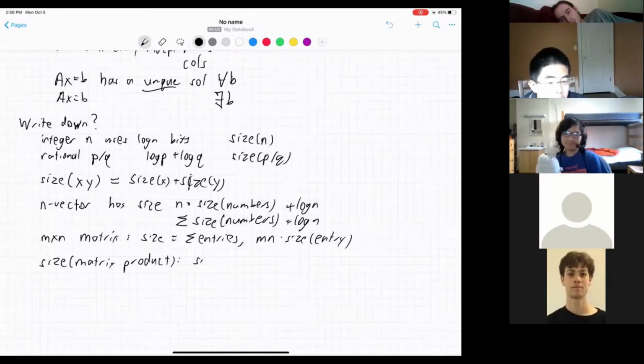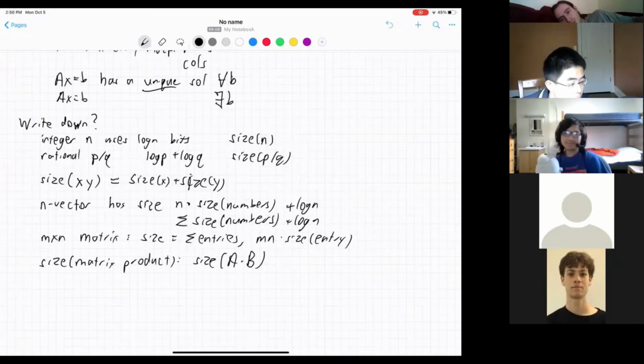What's the size of A times B, where A and B are matrices? Well, I won't dwell on it, but in much the same way, you can argue that the size of a matrix product is at most the sum of the sizes of the matrices.